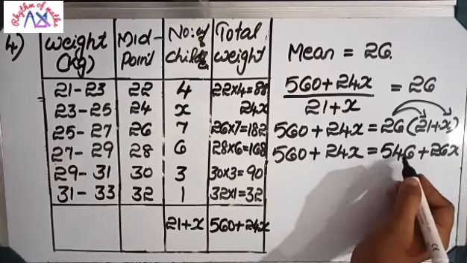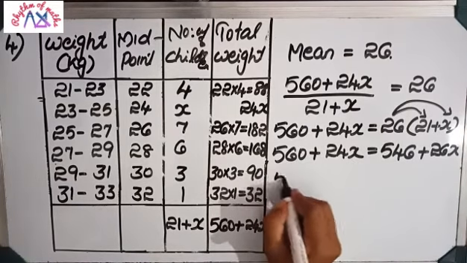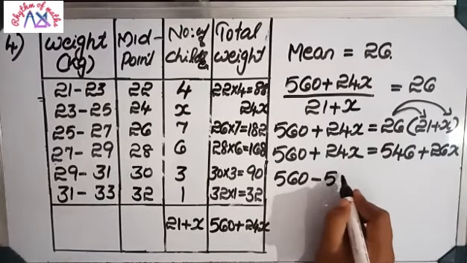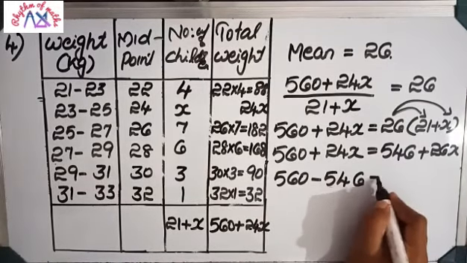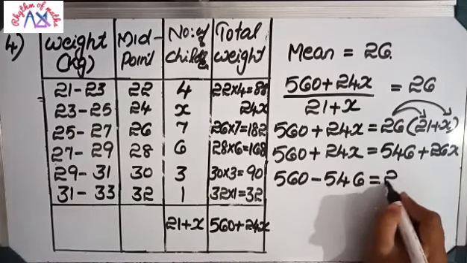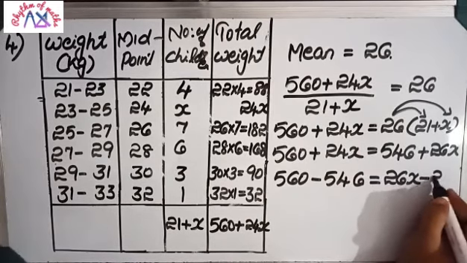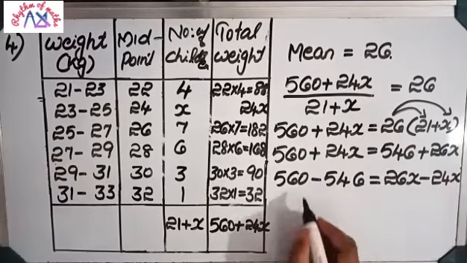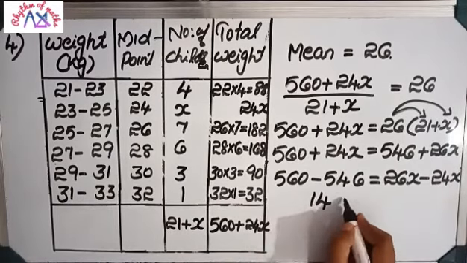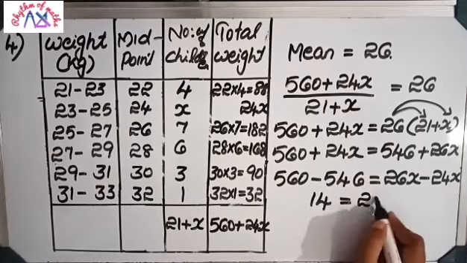Here 560 and 546, 560 is the larger one, so take this 546 to this side, it will be 560 minus 546, equal to. Take this plus 24x to this side. So here already 26x is there, then plus 24x coming to this side becomes minus 24x. Now 560 minus 546, answer is 14. 14 equals 26x minus 24x, answer is 2x.